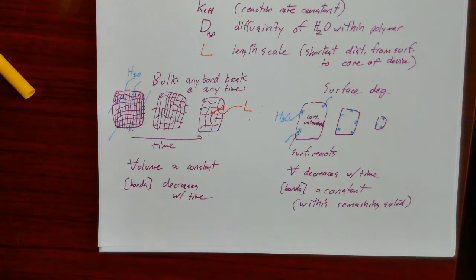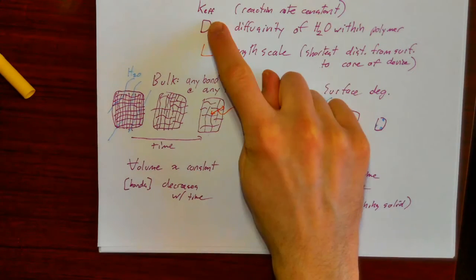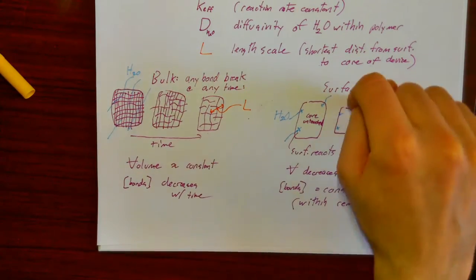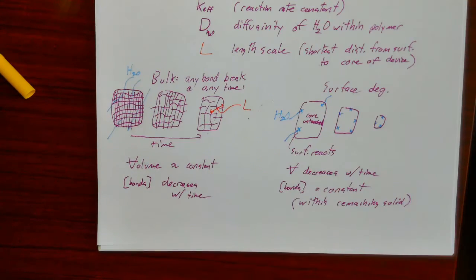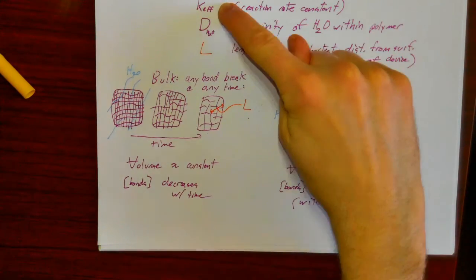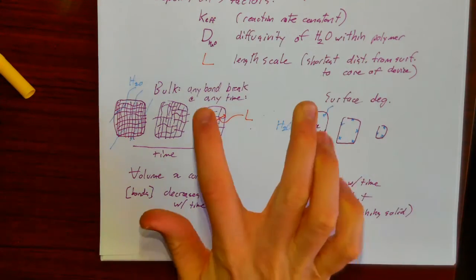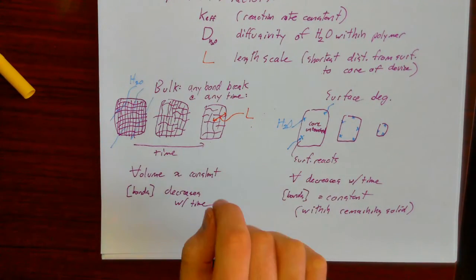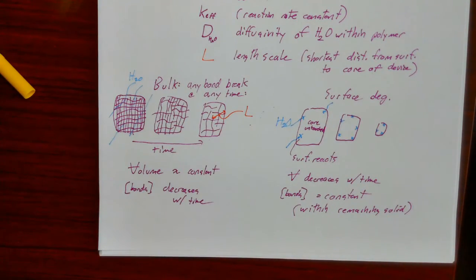So when might we get surface degradation? We might get surface degradation in a couple of cases. Take a moment now, pause and ponder. If we have a very high K, do we expect surface degradation or bulk degradation?